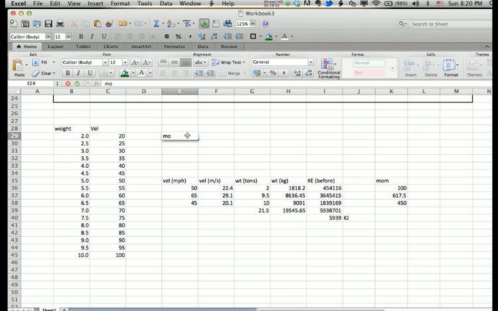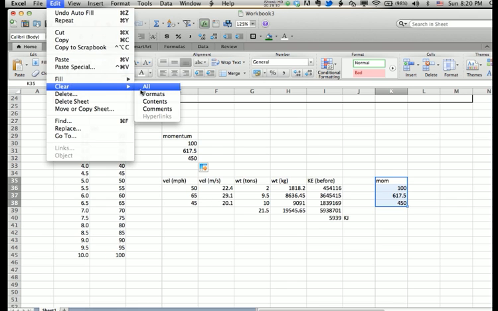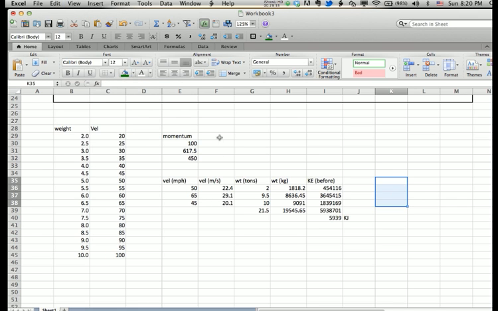So here's the momentums, and it was equal to velocity times the weight in tons. There we go. Let's keep it up here instead. So I'll drag that down, and I'll delete these things, since I'm not going to use those now. Let's see, edit. Clear all. Okay, so there's my momentums.